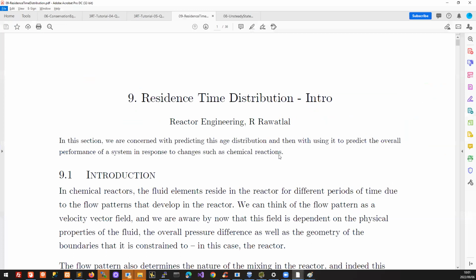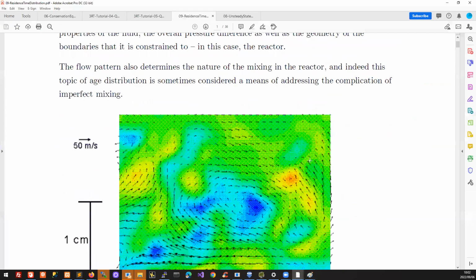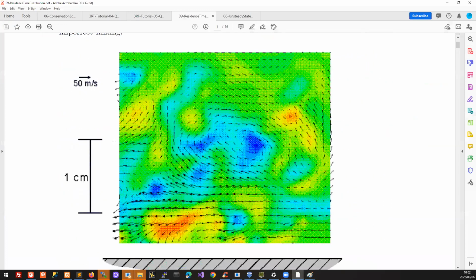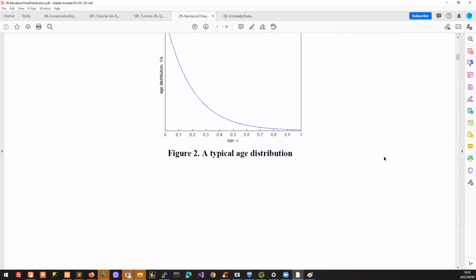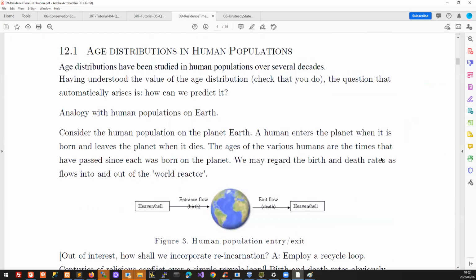Towards that, here's a nice picture from computational fluid dynamics. It's showing you the flow, circulation patterns, and so on. So this is the type of thing that applies in the real world. So we've said all this stuff.